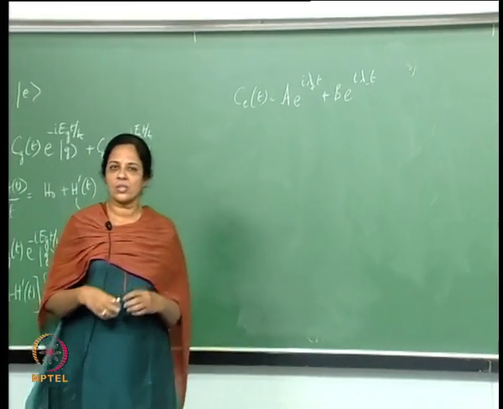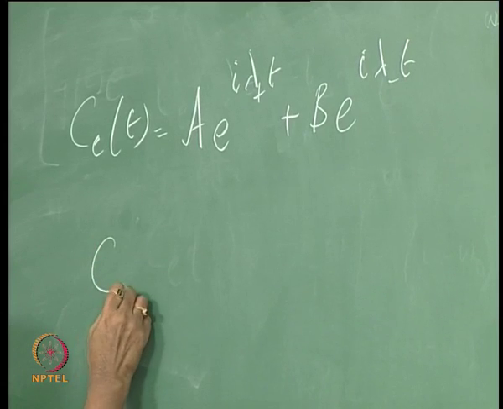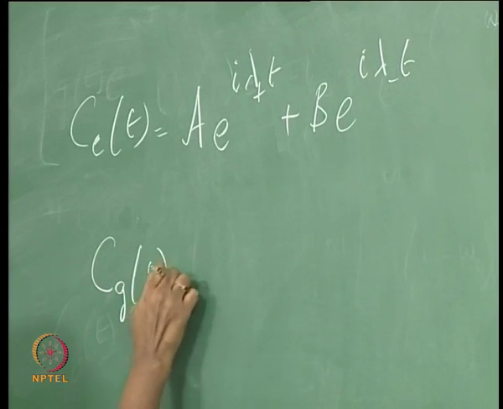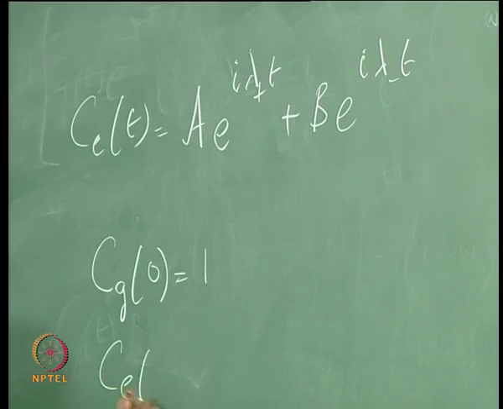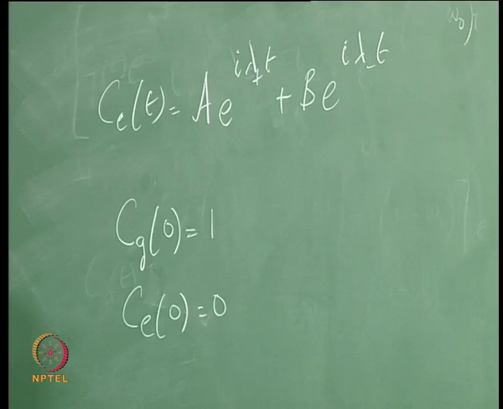This is where I impose my initial conditions. I start by saying that the ground state is populated, the excited state is not populated. This is at time t equals 0.